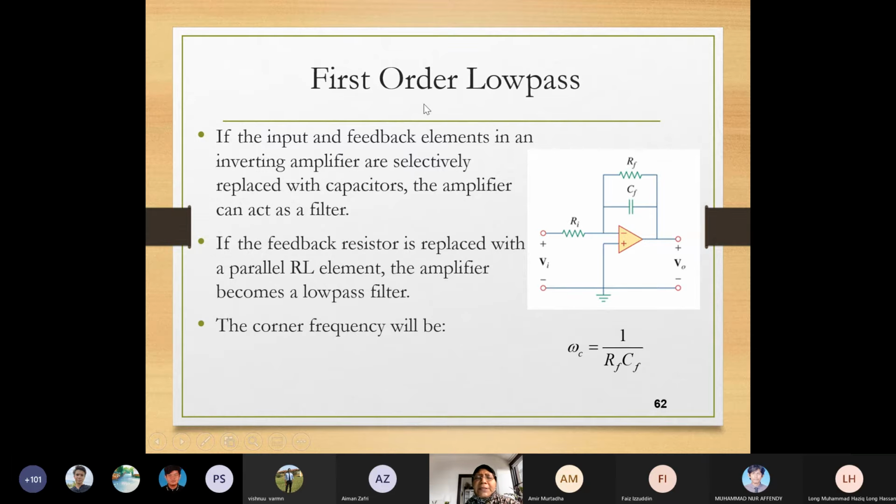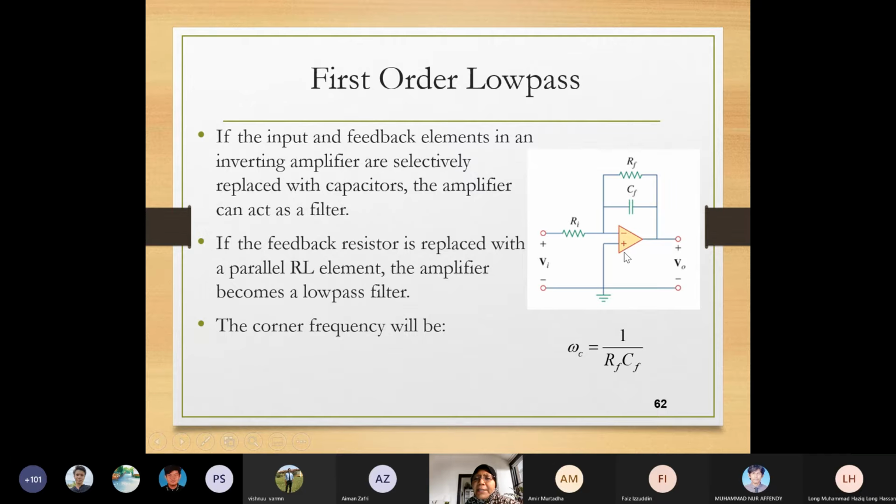For active filters, the triangle symbol like this is the op-amp circuit. To make this op-amp circuit an active filter, normally you introduce one resistor from the output to the input.